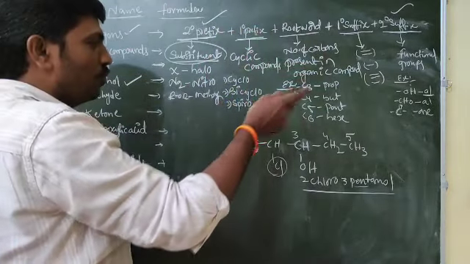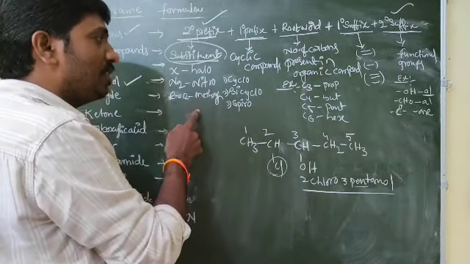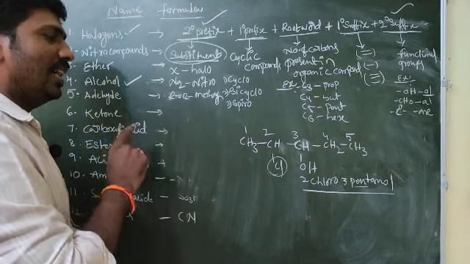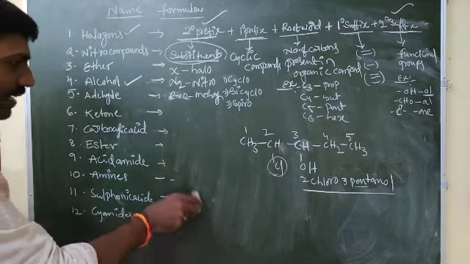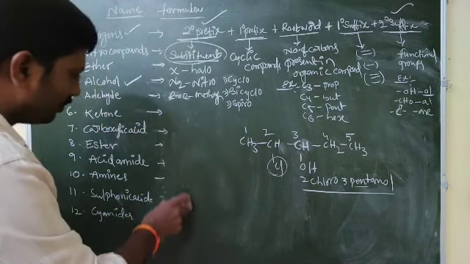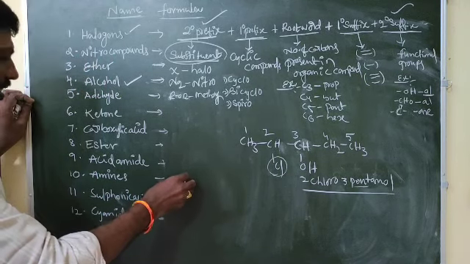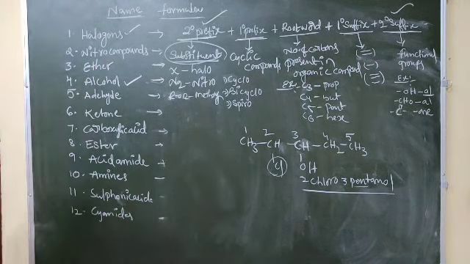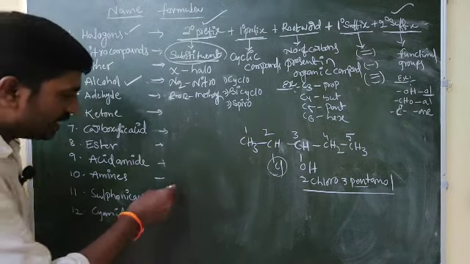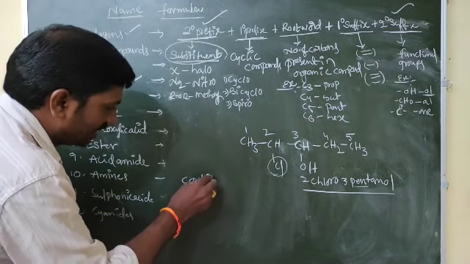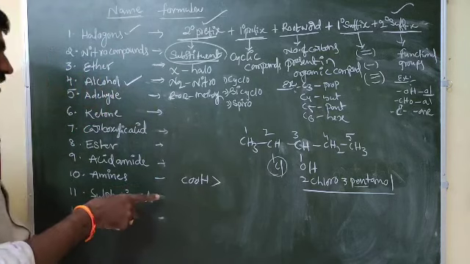Why? If two functional groups are present, which one should we take as substituent, based on what? I will give one priority order. First acids we will take. That functional group priority is very, very important. Acetic acid, COOH, is greater.